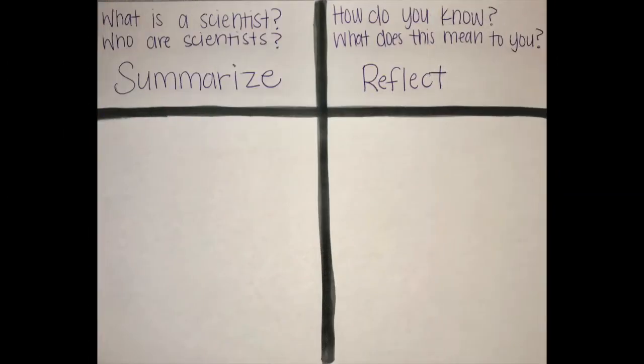So you will be assigned groups in a discussion board for you to conduct this writing strategy, and that will be how you will determine what your prompt is. For the example of the strategy, the prompt is what is a scientist and who are scientists? And then for a reflection, how do you know and what does this mean to you?